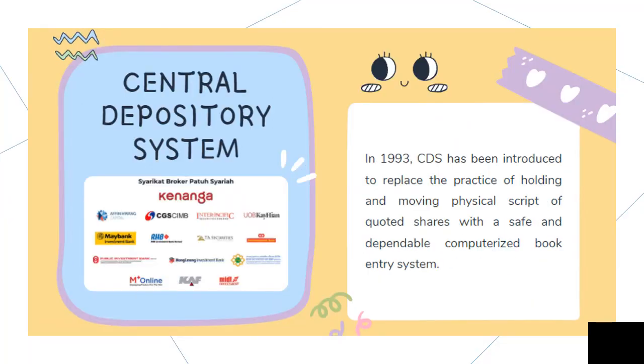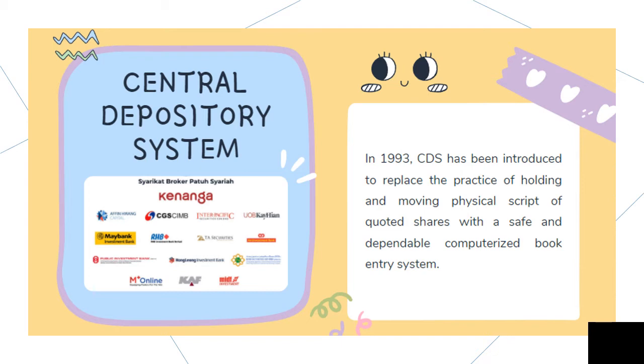Now we go to the Central Depository System or CDS. So what is CDS? In 1993, CDS was introduced to replace the practice of holding and moving the physical scrip of quoted shares. This CDS account is a safe and dependable computerized book entry system.